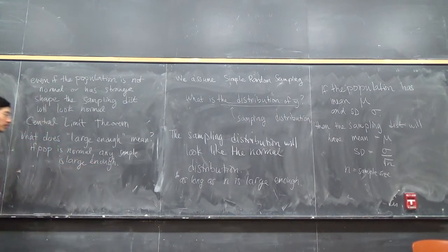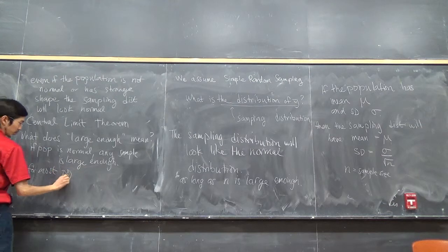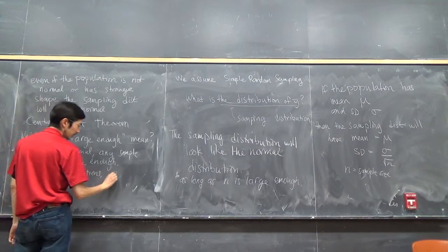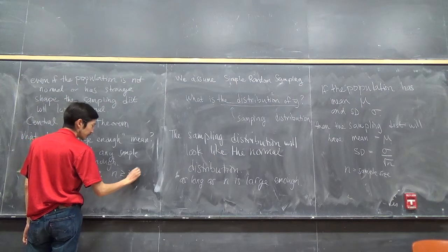For most populations, n greater than or equal to 30 is large enough.